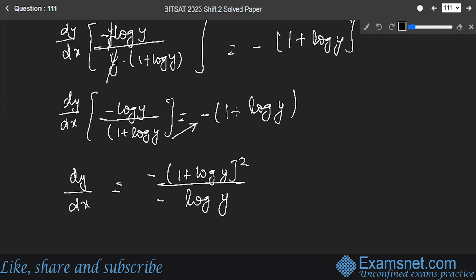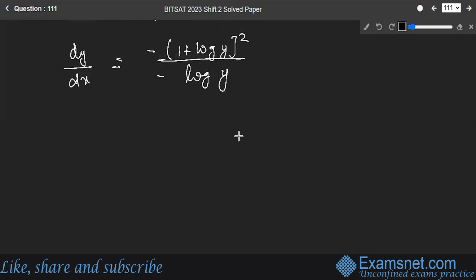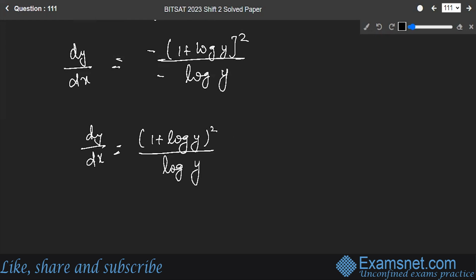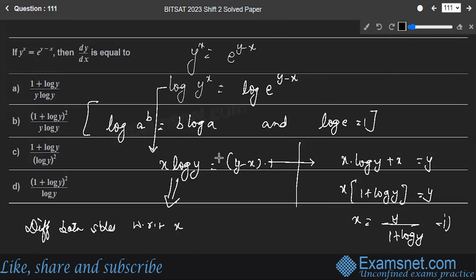Minus and minus will cancel. So ultimately dy by dx will be equal to 1 plus log y whole square upon log y. So this is the answer to the question. And let's check with the options which one is the correct one. Here you have option D is the right answer.